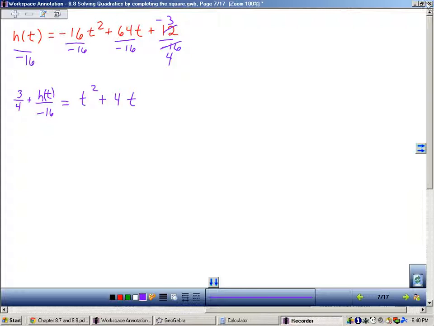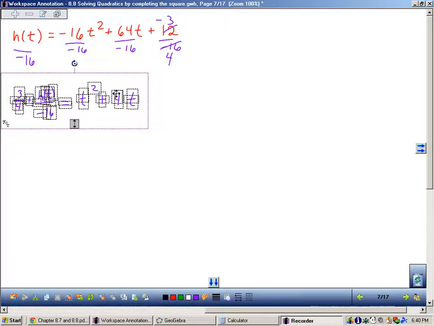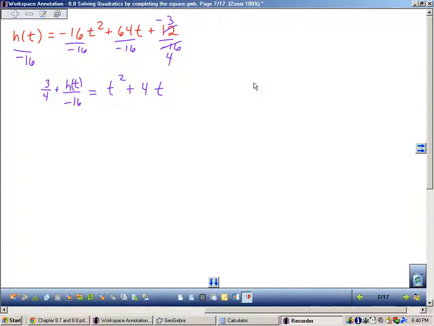Give myself some room. Okay, now let's take half the middle term, half of 4, and I want to make sure that we see that this is negative 4 because negative 16 goes into 64 negative 4 times, so forget that negative sign.